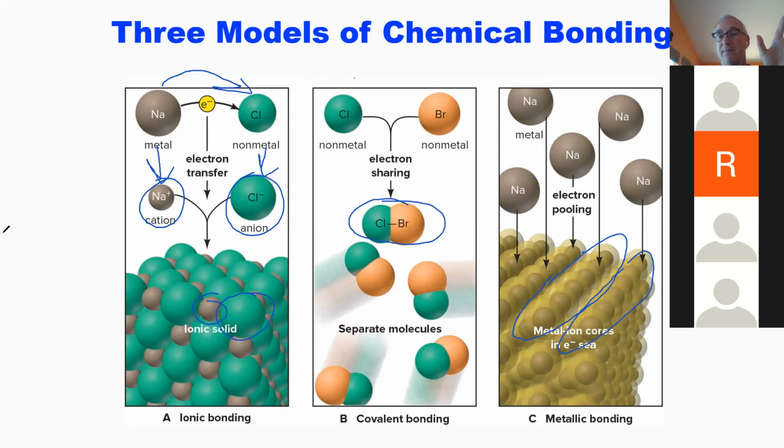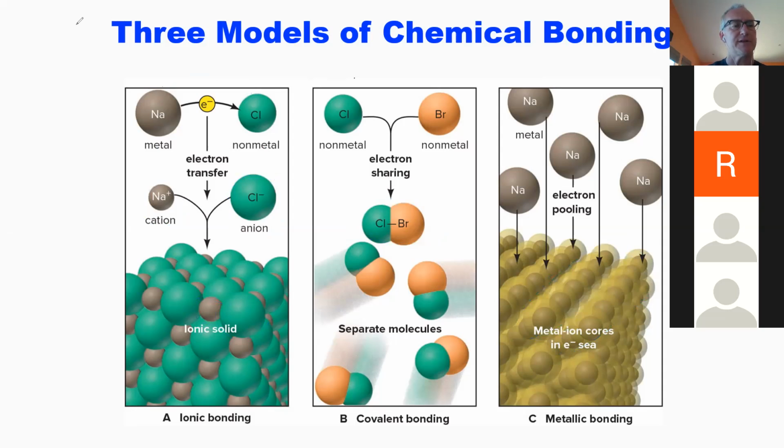So at any one time, the atoms are not charged, but as they move around, you can see that you can easily have ions forming instantaneously anywhere in here. So that's why the electrons move so quickly and conduct electricity so well.